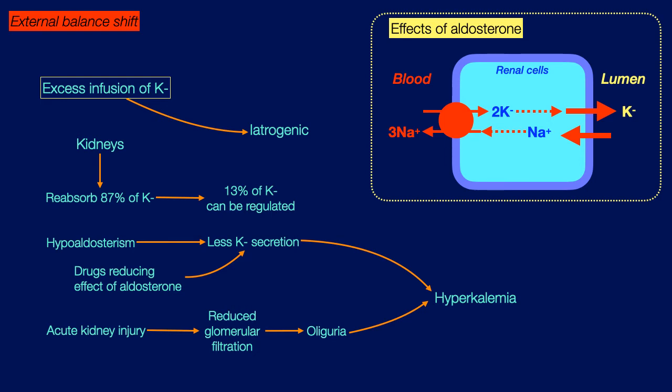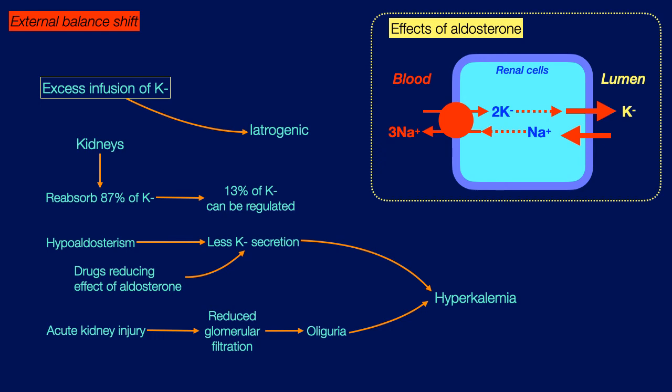Typically, for people on a normal diet, most of the remaining potassium is secreted if it's not needed. And this is controlled by aldosterone, which can increase the number of sodium channels and the number of potassium channels on the lumen side, that you see on the right side, as well as the sodium-potassium pumps on the basolateral side, you see it on the left, of those renal cells we mentioned and that you can see in the image.